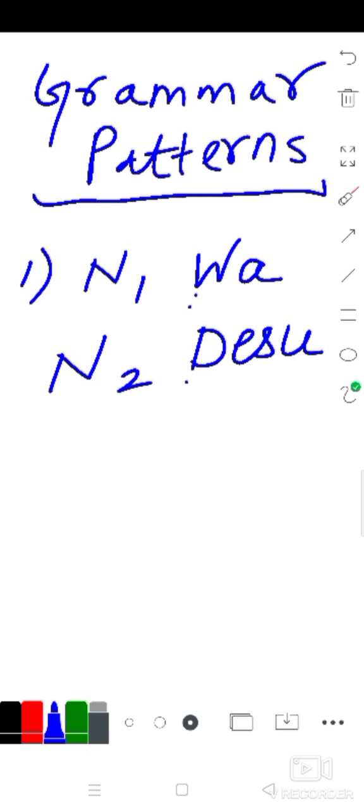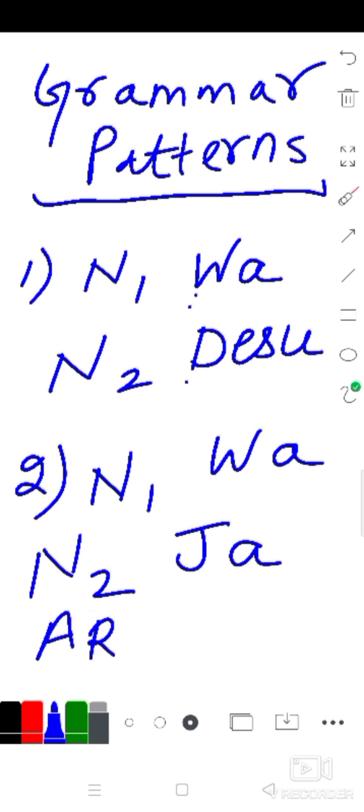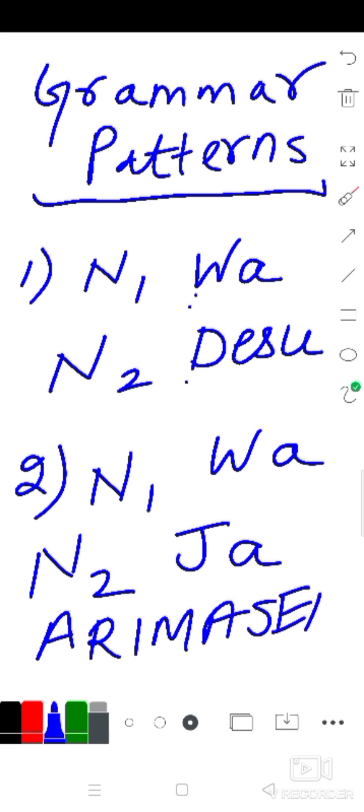Second we will study today N1 wa N2 ja arimasen. So first we will cover these two topics.